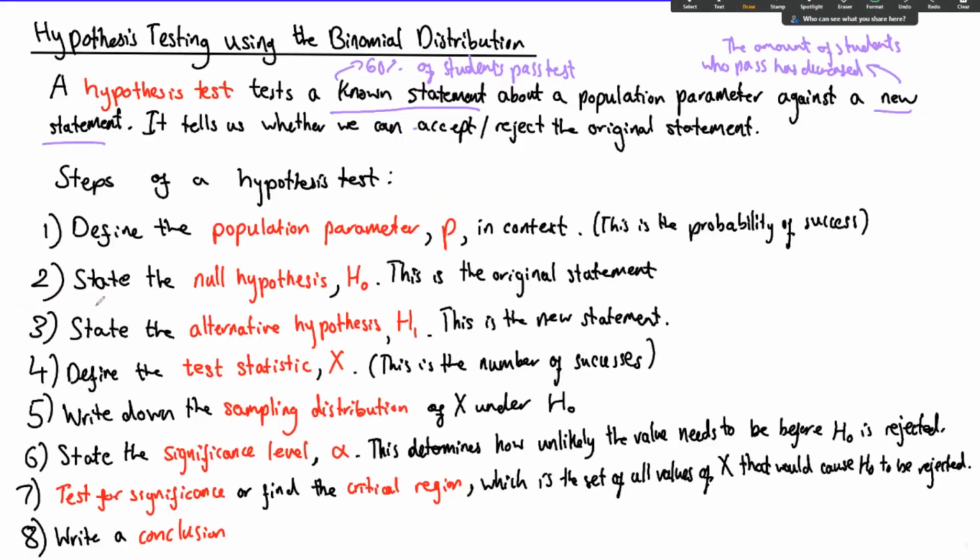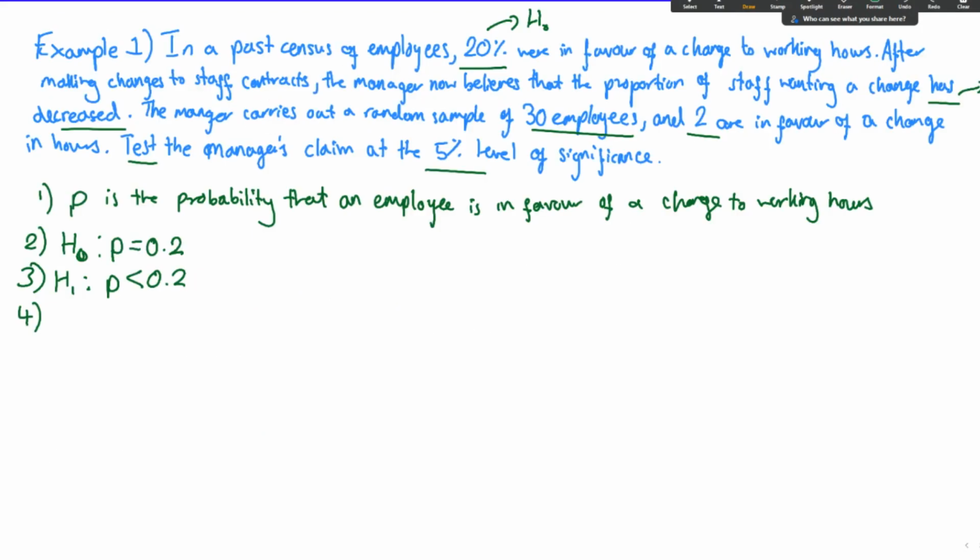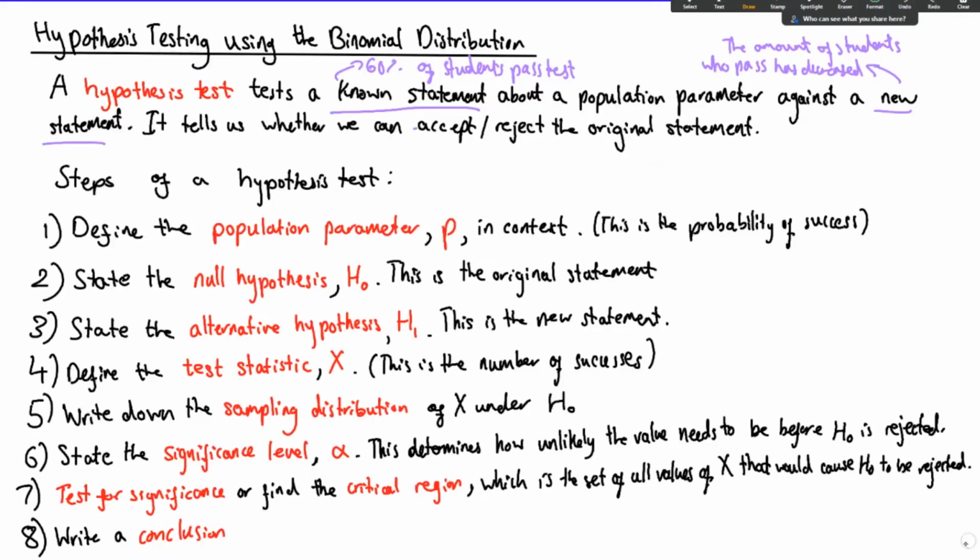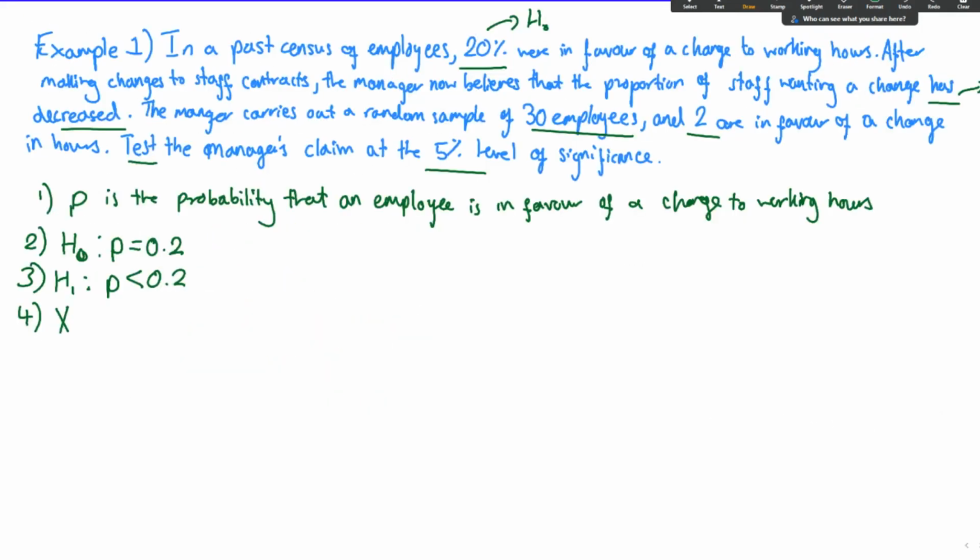Okay, next we define the test statistic X. So our test statistic, again, like P, we're not actually going to give it a value. Just like if you were defining it for a random variable, we'll define it now.